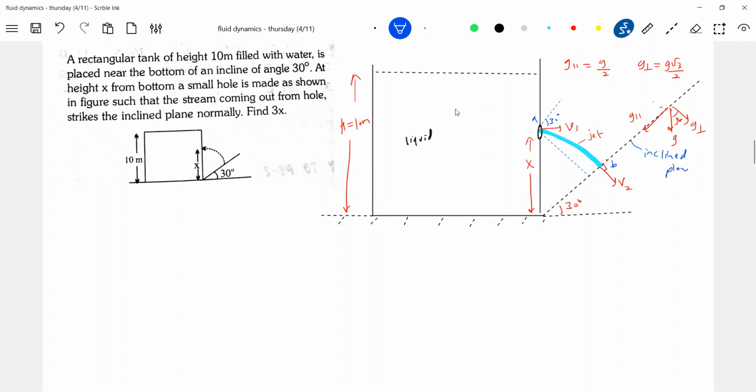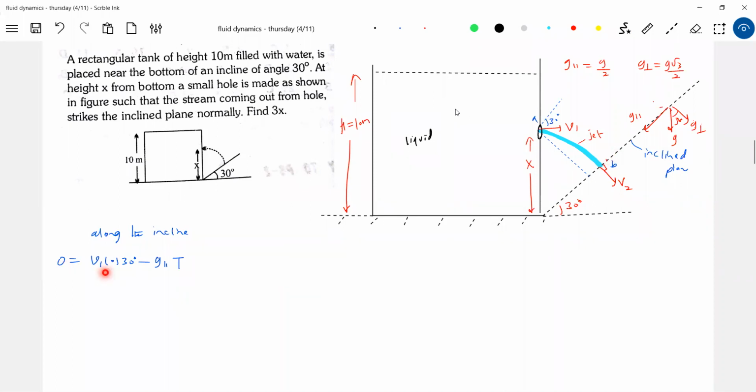So along the incline, initial velocity v1 cos 30 degrees minus G parallel into time equals zero. Why zero? Because the velocity of the jet along the incline will be zero when it strikes. It strikes normally, so that component will become zero.